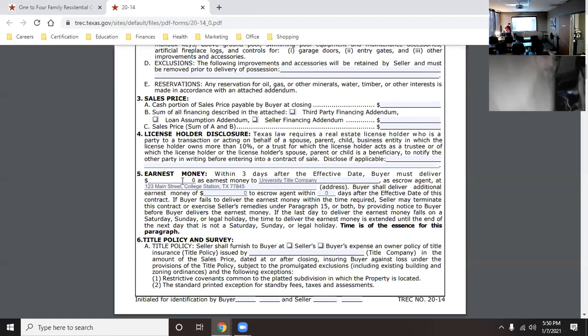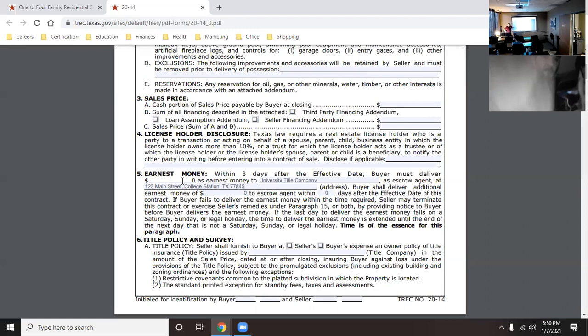If the buyer fails to deliver the earnest money within the time required, the seller may terminate this contract or exercise seller's remedies under paragraph 15, or both, by providing notice to the buyer before the buyer delivers the earnest money. If the last day to deliver the earnest money falls on a Saturday, Sunday, or legal holiday, the time to deliver is extended until the end of the next day that is not a Saturday, Sunday, or legal holiday. Time is of the essence for this paragraph.